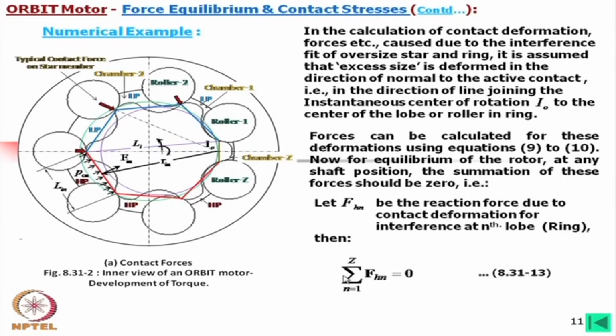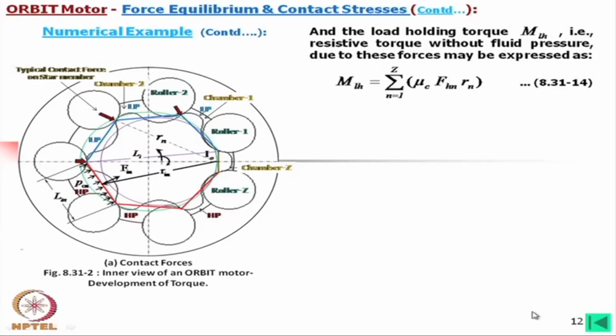Then the summation of all such forces due to the interference at no pressure must be equal to 0. We must satisfy that condition to find this force, and then the load holding torque must be equal to that force into the coefficient of friction into R_n.